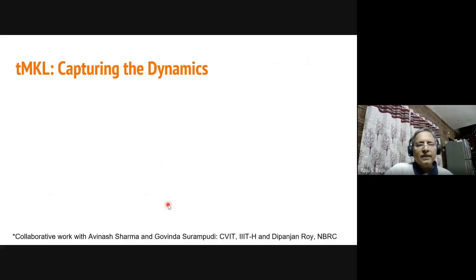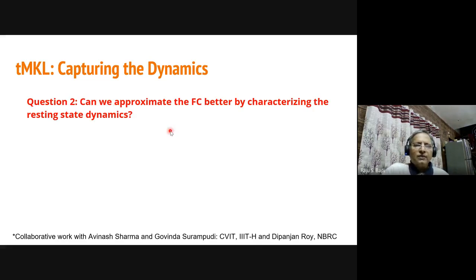So far we looked at the average functional connectivity, but there is a lot of dynamic information that is glossed over in MKL, so we designed what is called the Temporal MKL model. This is again the work of Govinda, our master's student. The second question we asked is: can we approximate this functional connectivity better by characterizing the temporal dynamics within the resting state BOLD time series?